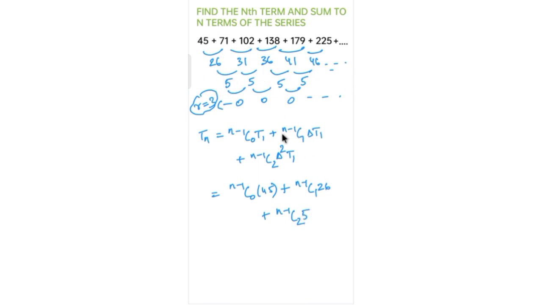Everything depends on the first term as well as the value of r. So n minus 1 C0 is nothing but 1, so 45 plus n minus 1 C1, which is n minus 1 itself, so n minus 1 into 26, and n minus 1 C2 is n minus 1 into n minus 2 divided by 2, into 5.